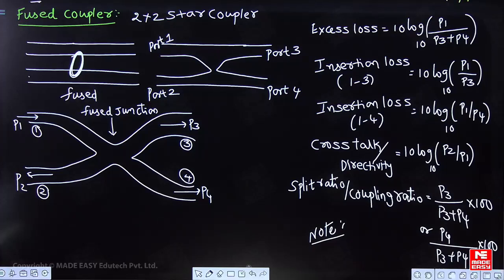First point, it indicates the percentage division of optical power between output ports.